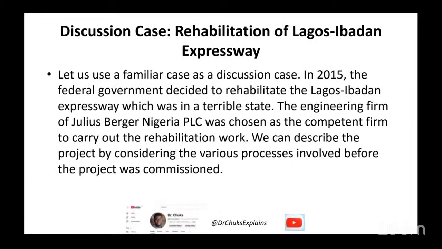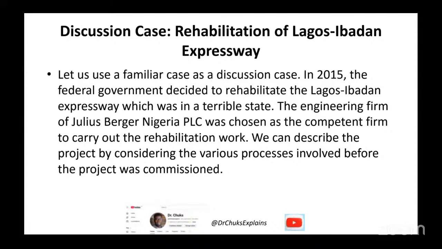Now let's discuss a case, for example, the rehabilitation of the Lagos-Ibadan Expressway. Let's see how project definition can be applied to this. Let us use a familiar case. I'm just using it as a tentative or hypothetical example.